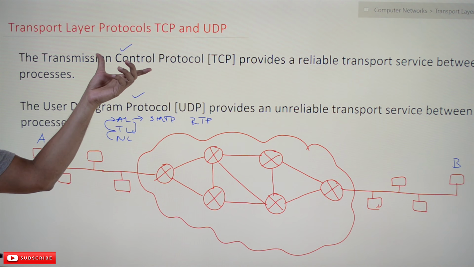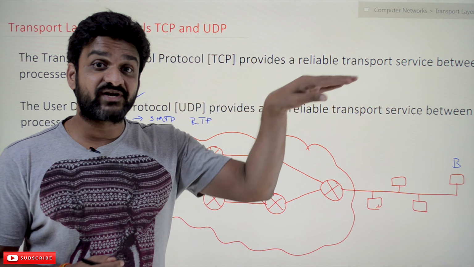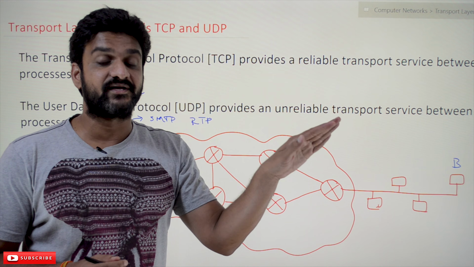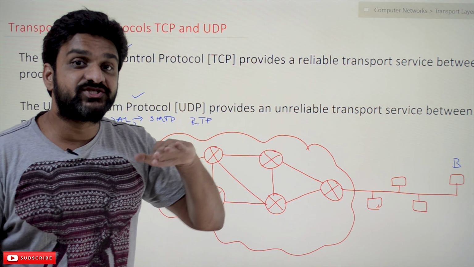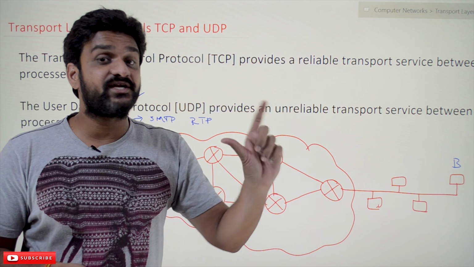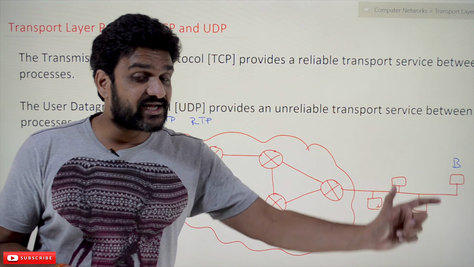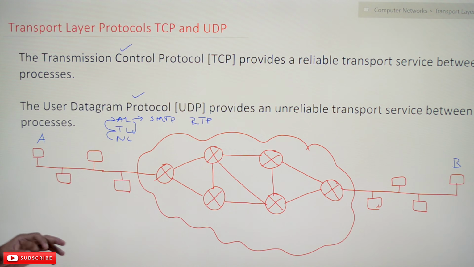If it is done by TCP, it is called a segment. So in the network layer, we have talked only about segments, but there are two kinds. If it is using TCP, it is a segment. If it is using UDP, it is a datagram. IP in the network layer is what we call a packet. In the data link layer, it is what we call a frame. So now you have got the clarity.